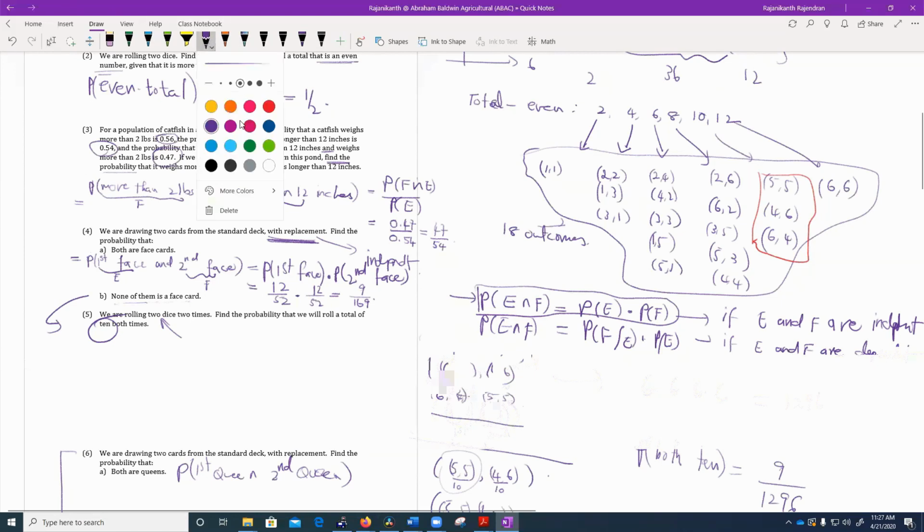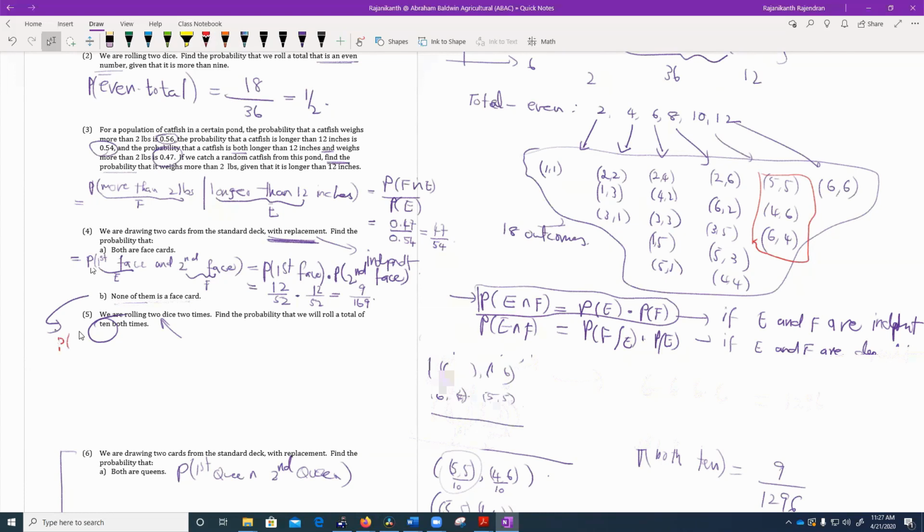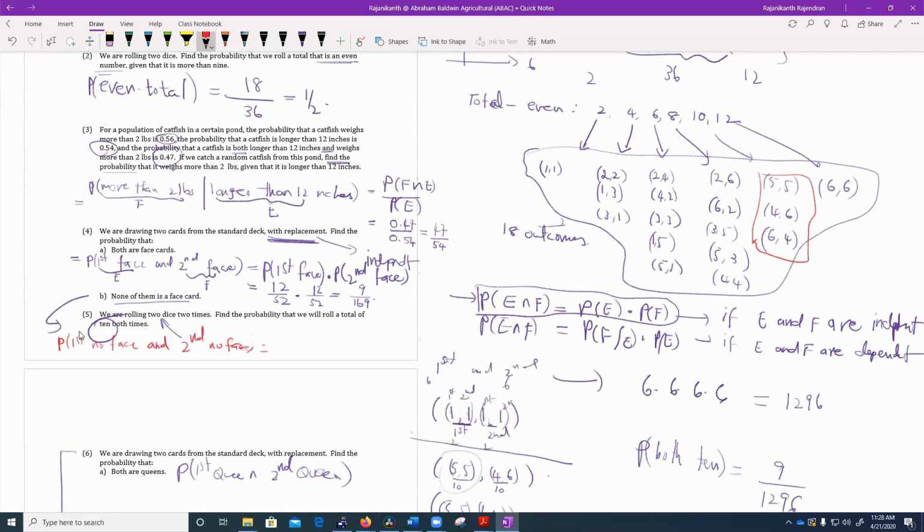What was that? Part B was finding the probability that none of them are face cards. You are choosing 2 one by one with replacement. That means the first card is no face and the second one also no face. This is my event E, this is my event F. So simply the product: the probability of first no face times the probability of second no face.